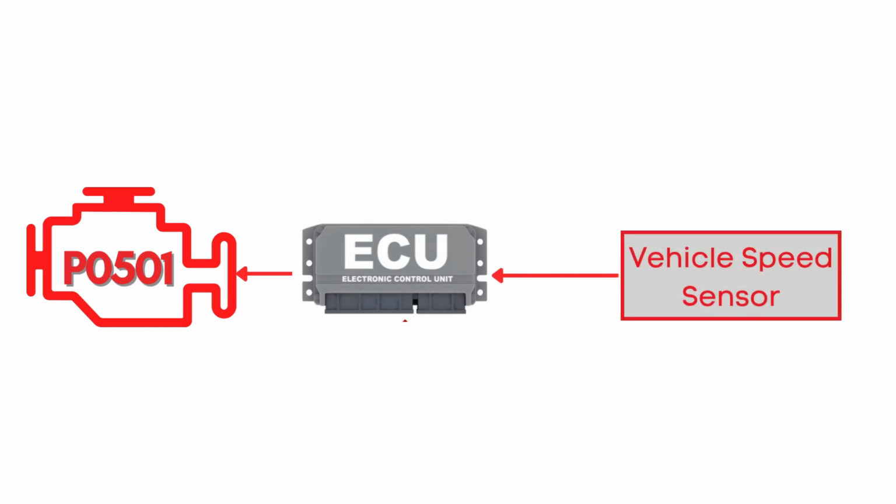The P0501 code is set when your vehicle's engine control module, or ECU, detects a problem with the signal coming from the vehicle speed sensor. If the vehicle speed sensor signal becomes out of range, the ECU can no longer accurately determine how fast the vehicle is traveling.